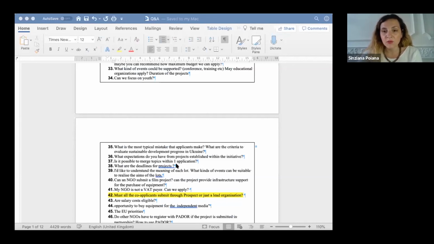Also note that there are eligibility requirements that apply to the lead applicants and co-applicants, but then you have these other forms of association. So you may find yourself in a situation where you decide on your own that your organization could only go as an associate to this proposal. So do look at the forms of partnership in which you can enter. Okay, can a lot of people hear me?